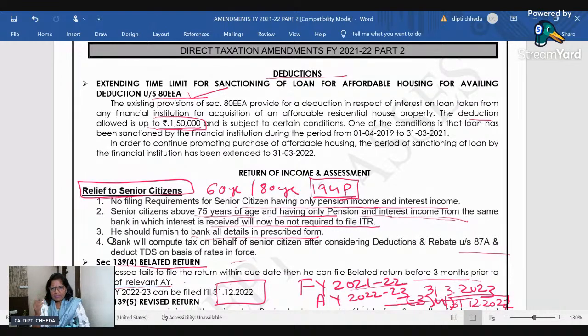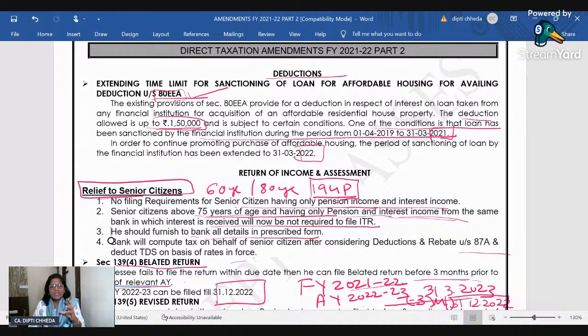This was there पहले से. Now, but one condition was loan has to be sanctioned between 2019 and 21. So instead of 21, now it is 22. 80EEA is extended for one more year. Yes, 80EEA ये housing loan के लिए, 80EEB for vehicles and all which run on battery.